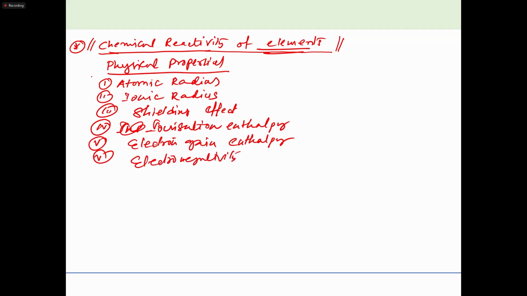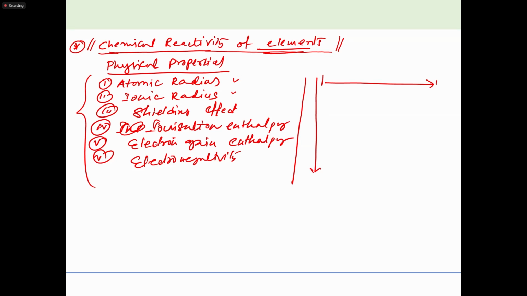So we know these physical properties, and also how they change when we go from left to right, or from up to down. Now we will learn about the chemical properties.